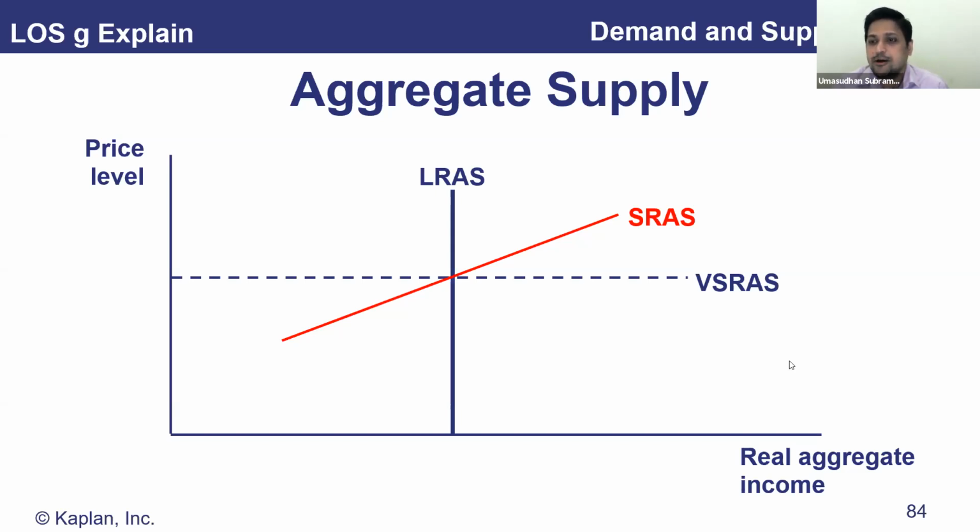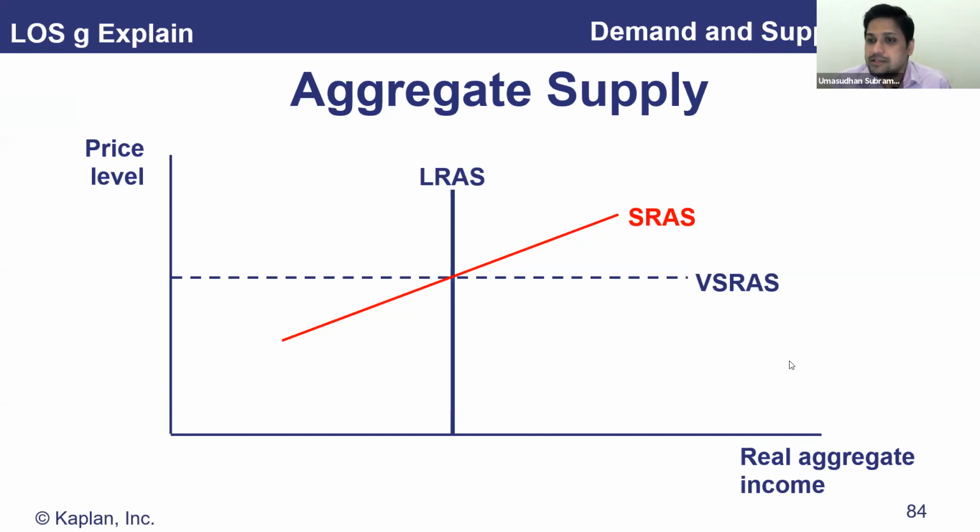The demand drops, but what happens to the supply? Is the supply curve upward sloping or downward sloping? It is upward sloping, isn't it? Why?